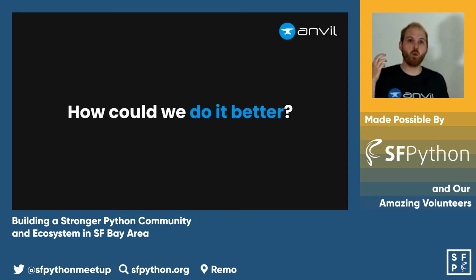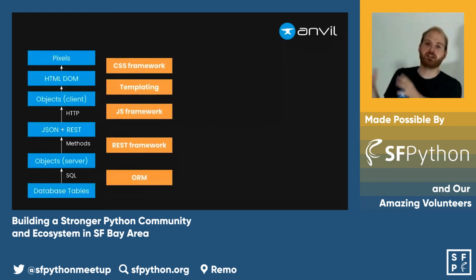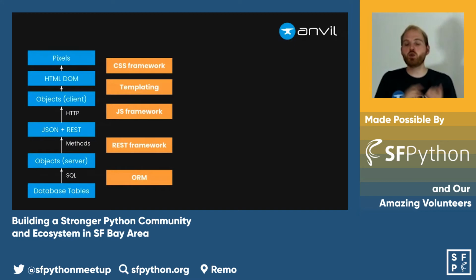And what we thought when looking at this stack is that you could build the best web framework in the world. But if you just swapped it out and tried to replace Django, it wouldn't help.